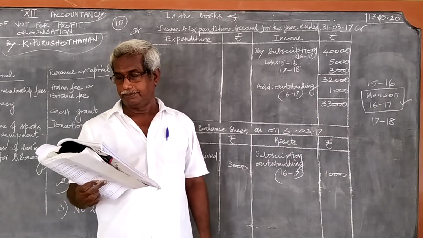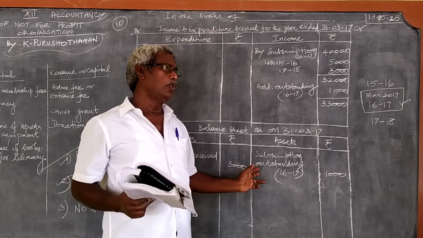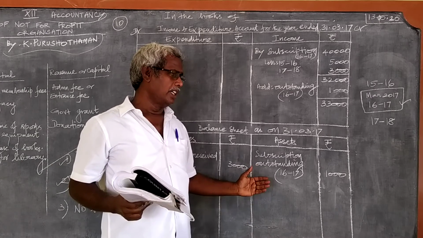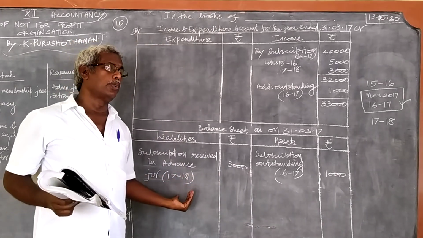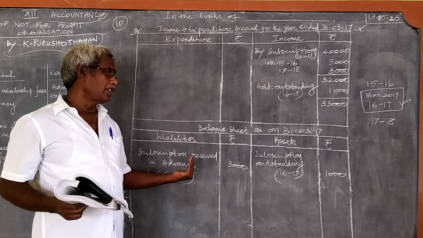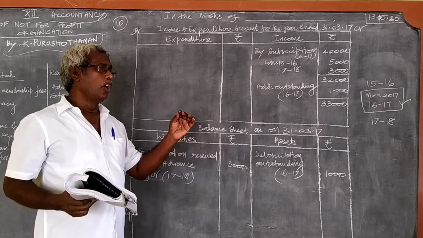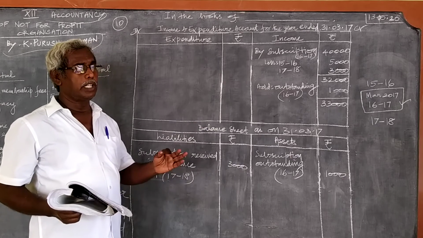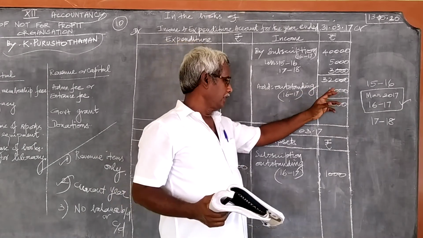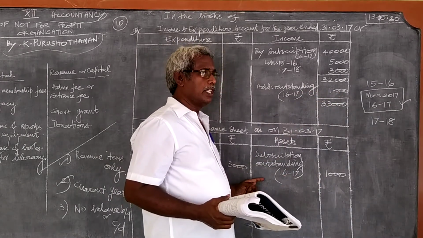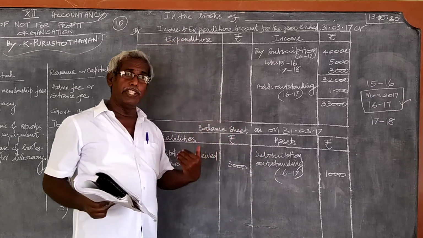Okay, then how should the balance sheet be prepared? In the balance sheet, the outstanding subscription must be shown on the asset side and the subscription received in advance should be shown on the liability side. Outstanding subscription on the asset side means how much is pending for the accounting year. The accounting year outstanding is 1,000, that's what we have written. Therefore, this is outstanding subscription on the asset side. And what about the subscription received in advance?